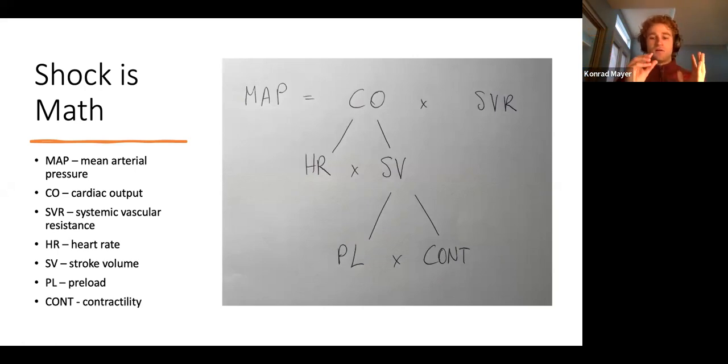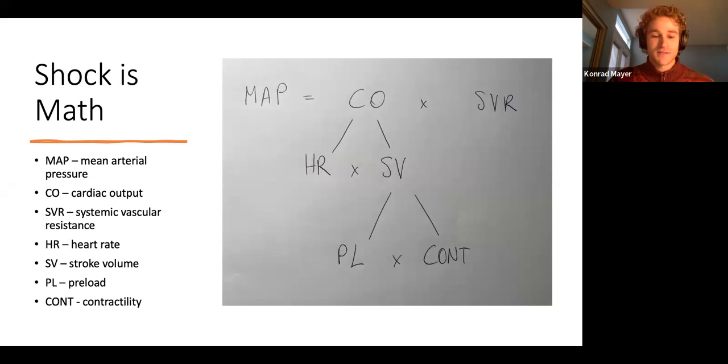So heart rate, preload, and contractility are all things that are affected by common pathologies such as myocardial infarction, chronic heart failure, cardiac tamponade, premature ventricular contractions, and tachyarrhythmia, and everything can be tied back into this formula.